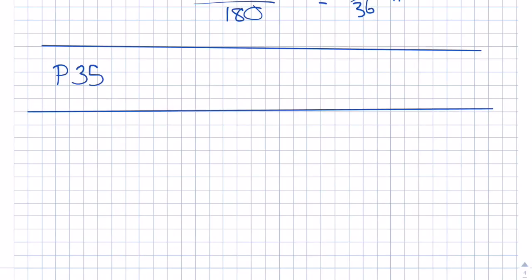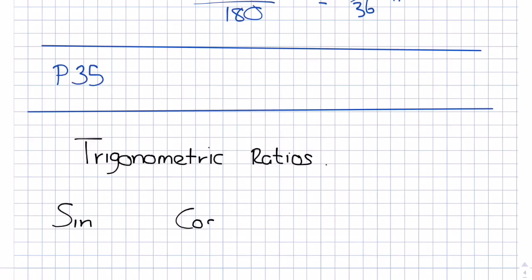So we're going to have a look now at trigonometric ratios, and you know these as sine, cos and tan.